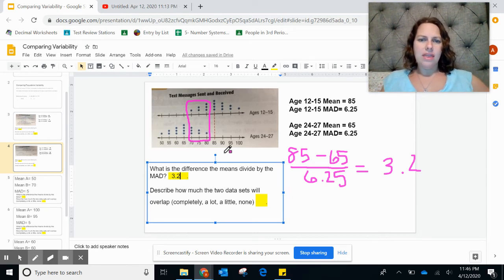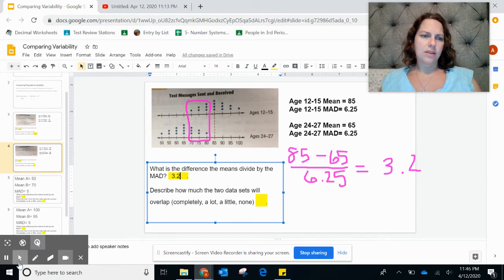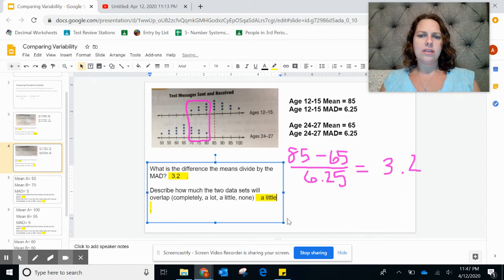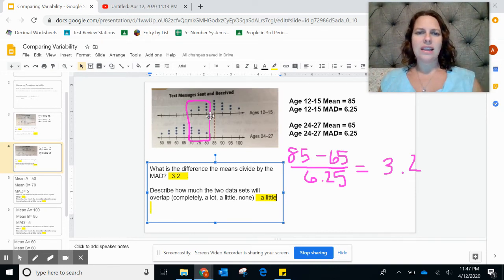So I would think that we should go with probably a little overlap for this one, just because it's a little less than half of the data, right? So somewhere in here, if there were 2 more dots overlapping somehow on both sides, that would be half of it. So since it's less than half, I'm going to say that it's a little overlapping.